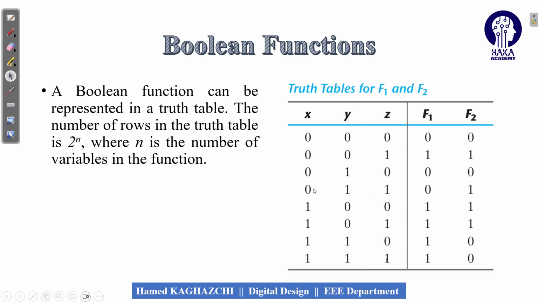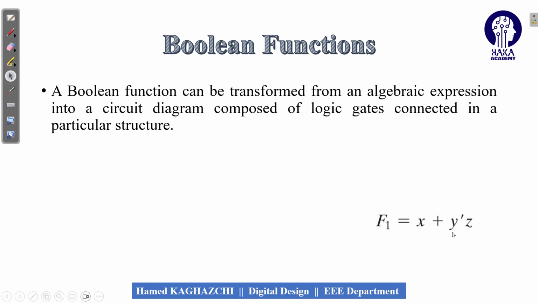Now I can say that when this condition 0, 0, 1 happens, the output is 1. When this condition 0, 1, 1 happens, the output will be equal to 1, up to the end. Okay, now I could understand the concept of the Boolean function, and we saw that the important thing is to find when we have 1 and when we have 0, under which conditions we will have 1 and under which conditions we will have 0.